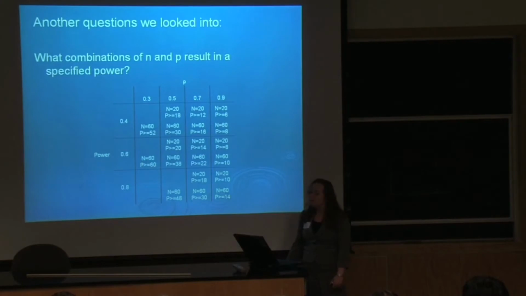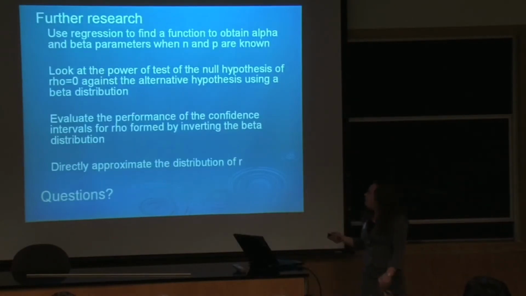So, for further research in this field, we could use regression to find a function to find our alpha and beta. So if a researcher has an n and a p, we can give them their alpha and beta so that they know what beta distribution they're looking at.